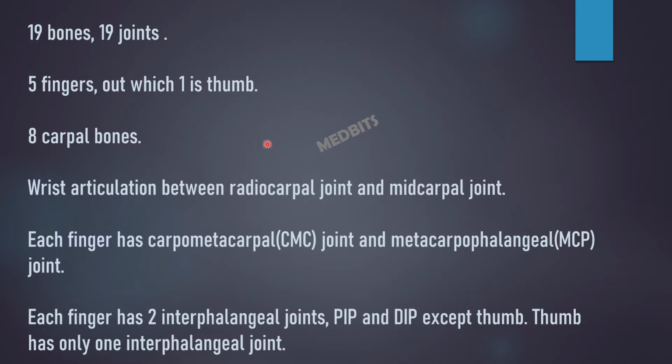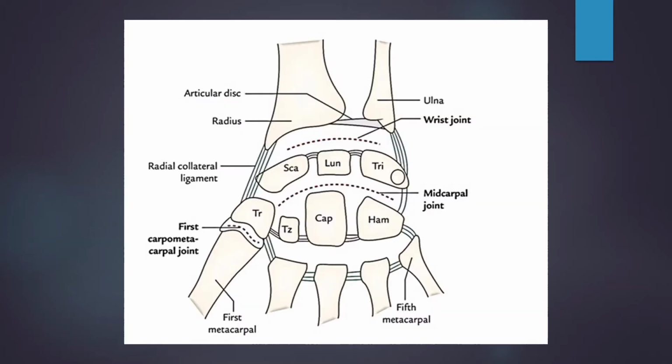Now guys, just use the diagram which I have shown you in the first slide, or you can try to search it out on Google, so it will be really useful for you to understand which part is which. Now coming to the diagram, as you can see, this is the radius and this is the ulna. The radius is away from the body, the ulna is towards the body, and you can observe that when your hand is in supine position.